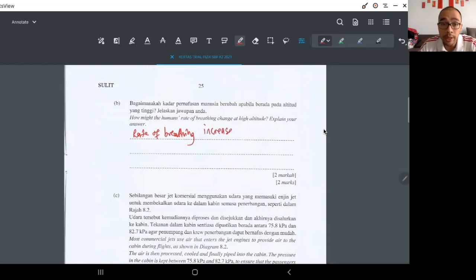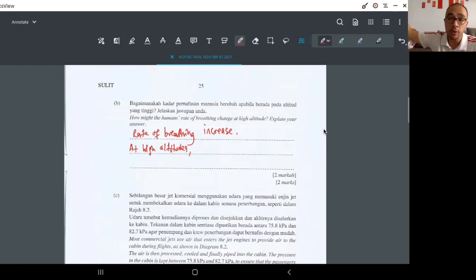Okay, why would it increase? Because at high altitudes, think about it. When you go higher, there's less air pressure. Less air pressure means less air. Less air means you need to breathe more in order to get the same amount of oxygen in. On normal ground, if we take a deep breath, wow, we get a lot of oxygen.